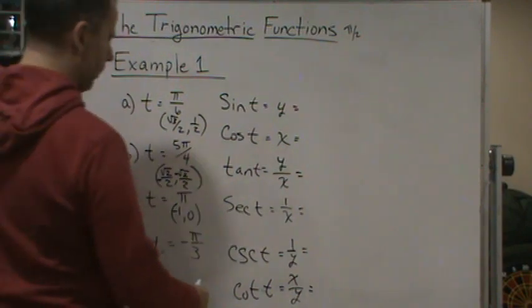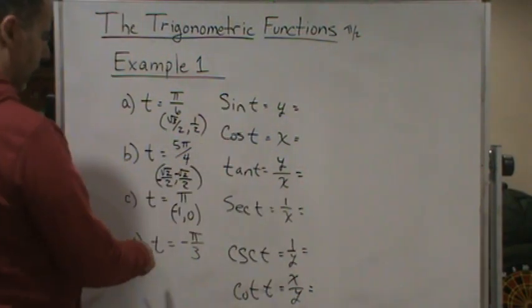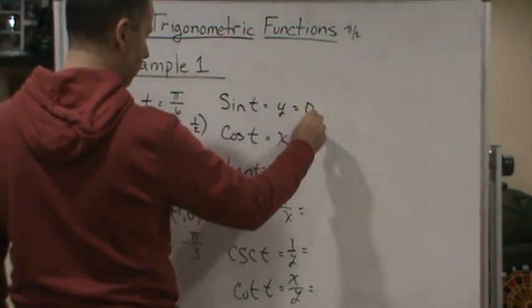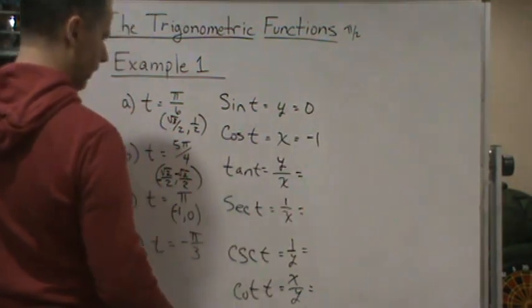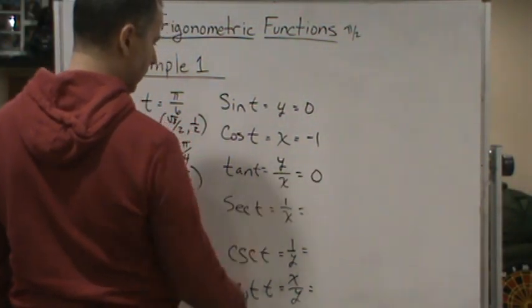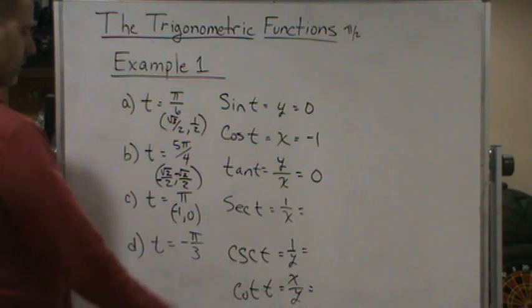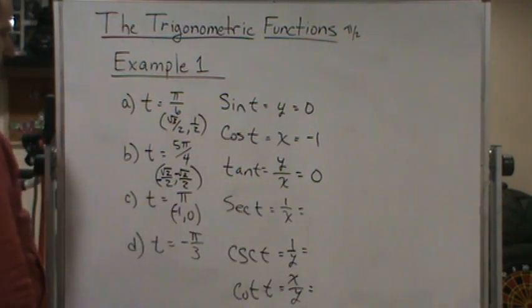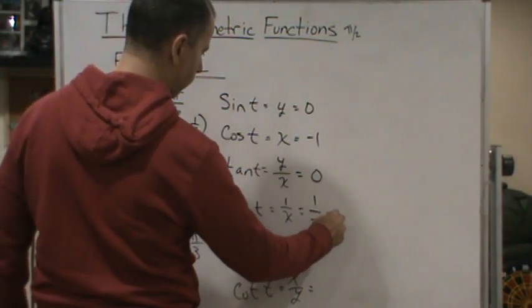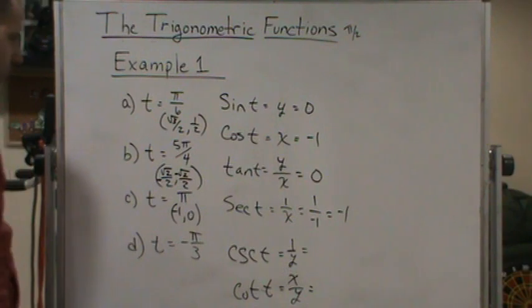So now what we could do is we could fill this in. So x and y. So y is going to be 0, x is going to be -1, y over x is 0 because 0 over -1 is 0. Secant of pi is 1 over x. So it's going to be 1 over -1, which is -1.